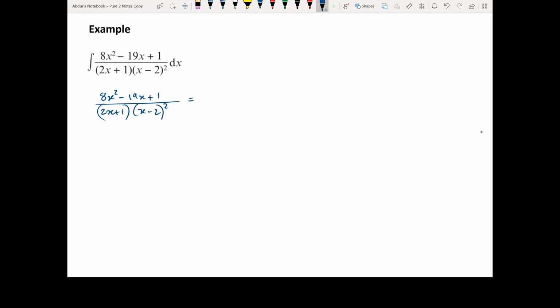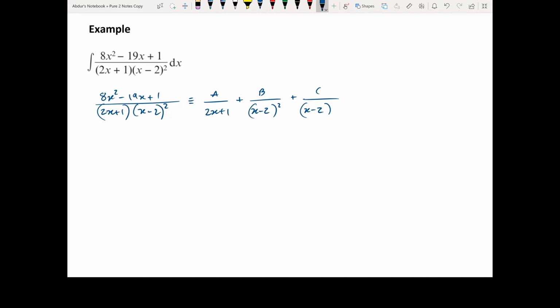And I can say that this can be written in the form of A over 2x plus 1 plus B over x minus 2 squared plus C over x minus 2. And then I'm going to go and find out what these terms A, B, and C are. So this is where we are separating into partial fractions.